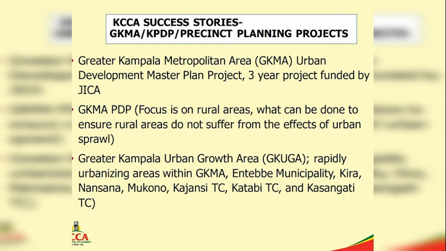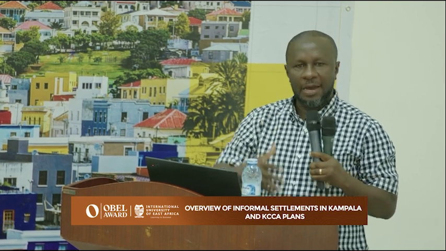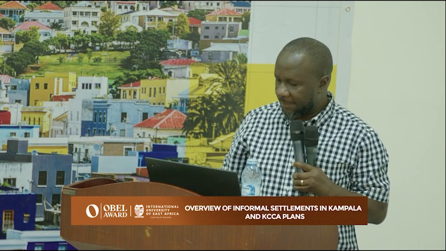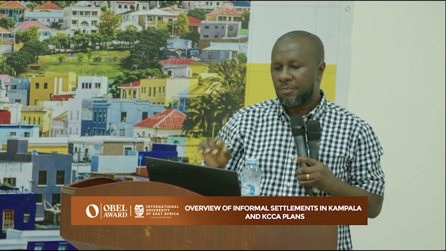Now, in the GKUGA, we are looking at those areas which are being urbanized very fast, like Entebbe Municipality, Chira Municipality, Mukono Municipality, Nansana Municipality, Kasangati Town Council, and Katabi in Entebbe Town Council. We are working together to see how we plan our spaces to avoid creating more informal settlements in those spaces as they urbanize.